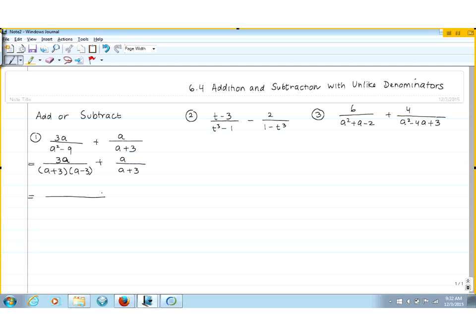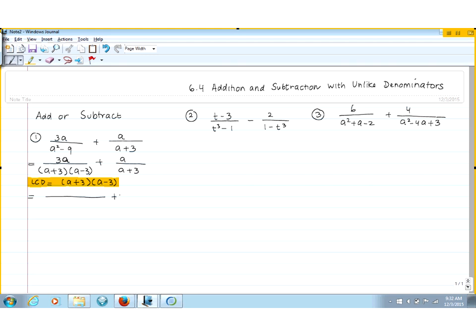Now, what is the LCD? A plus 3, what is the exponent? 1, right? A minus 3, what is the highest exponent? 1 also. So that's our LCD.